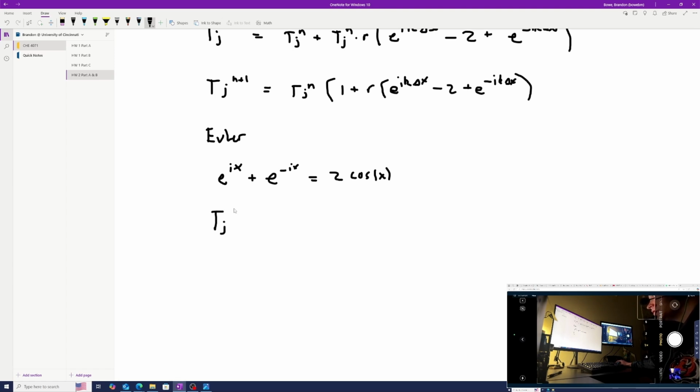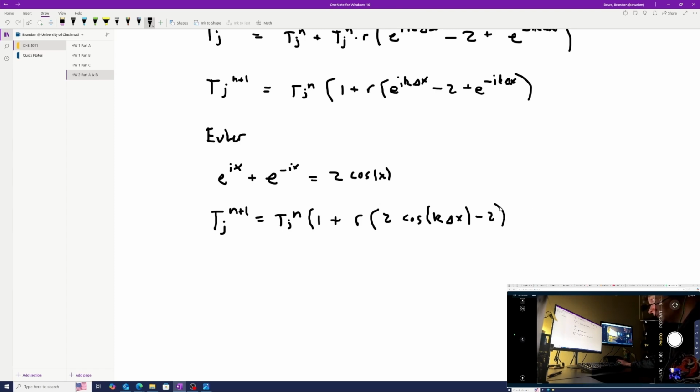So T_j^(n+1) is equal to T_j^n (1 plus r times (2 cosine, and instead of x we have k delta x), so what we end up with is cosine of k delta x minus 2).